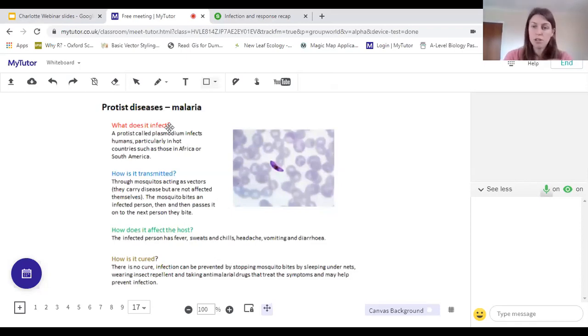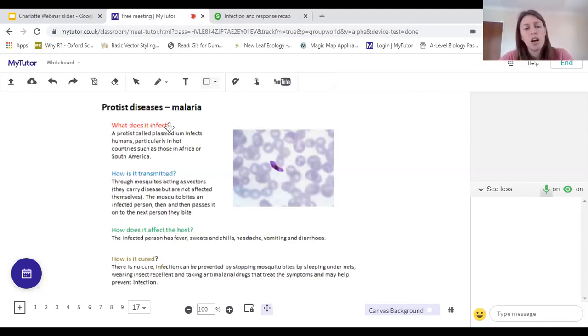So mosquitoes are an example of a vector. Another example might be badgers and tuberculosis. So the mosquito bites an infected person, takes in a bit of their blood, gets a bit of blood on their proboscis, I think it's called, the nose or the mouth of a mosquito, and then they pass it on to the next person that they bite because they stick the same mouth into the next person.